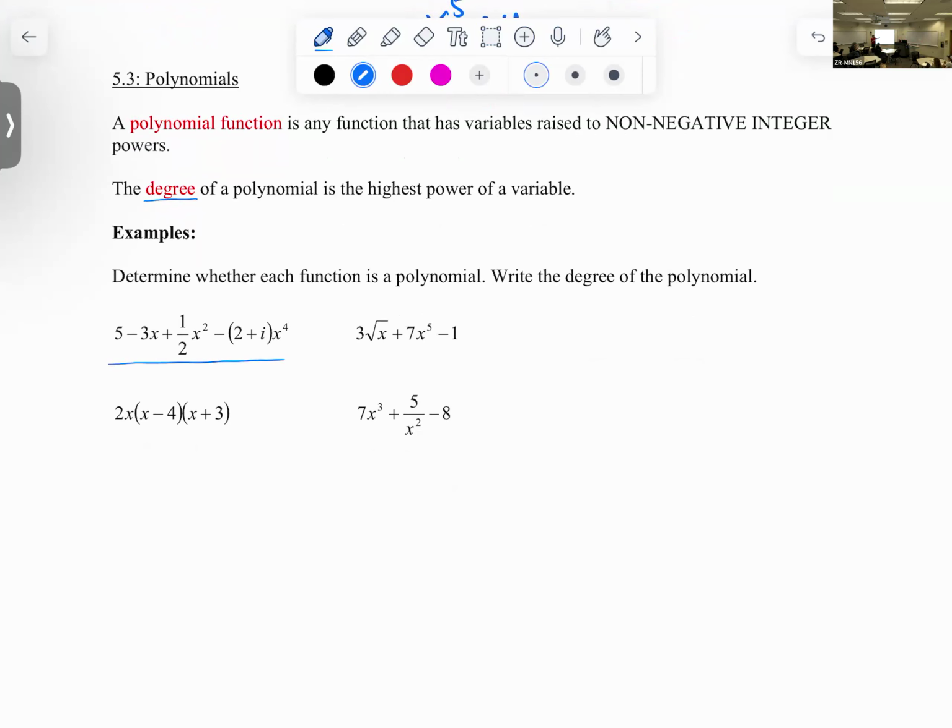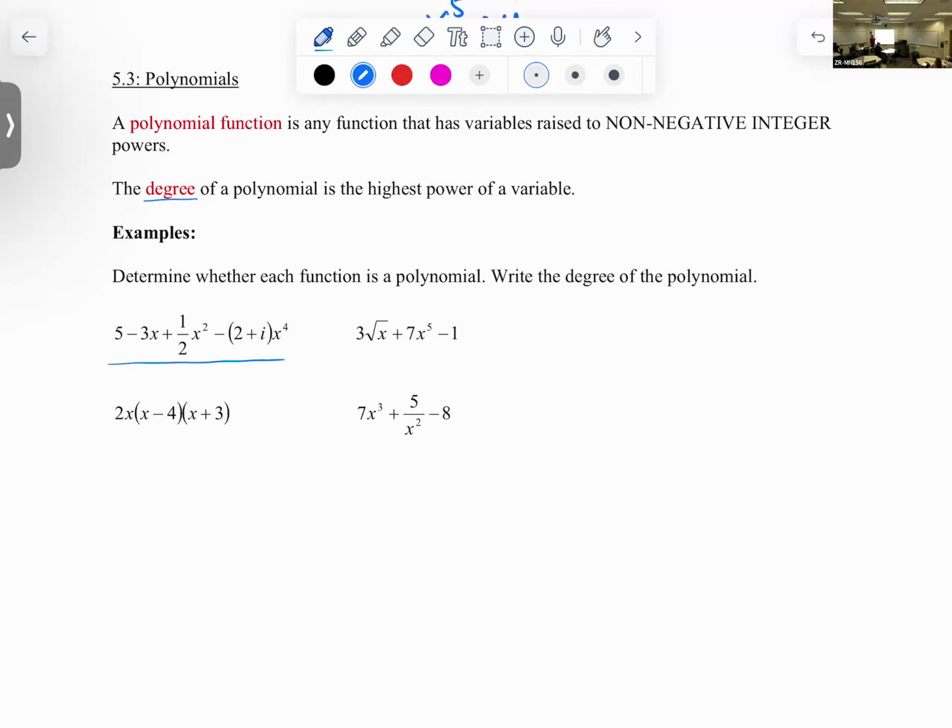The polynomial part is referring to the variables. X to the 4th, x squared, x to what power? 1. And x to what power here? 0. Is 0 a non-negative number? Yes, because 0 is neither negative nor positive. That's why it's important in the definition: non-negative integers.